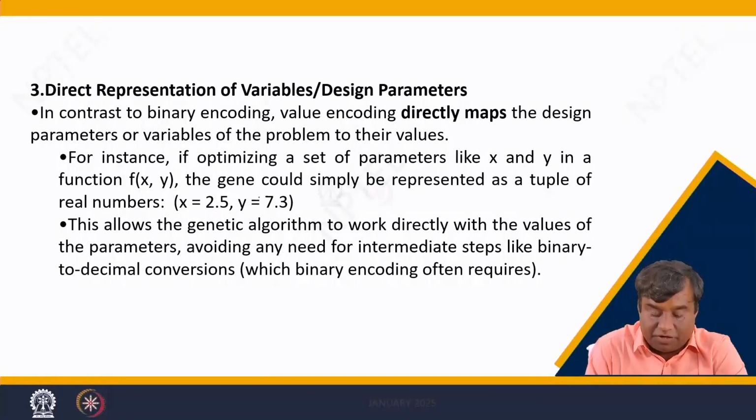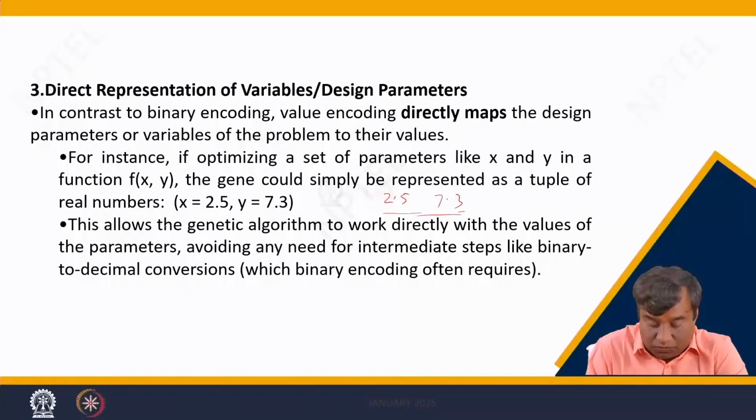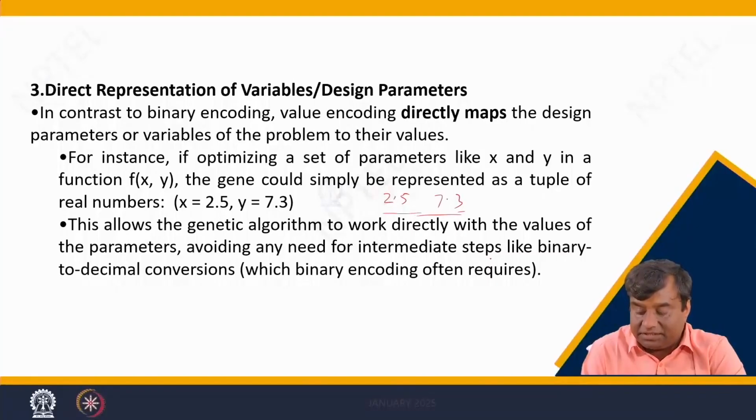So 2.5 and 7.3 are the genes, but this whole thing you can write as a chromosome. This allows the genetic algorithm to work directly with the values of the parameters, avoiding any need for intermediate steps like binary to decimal conversion, which binary encoding often required.